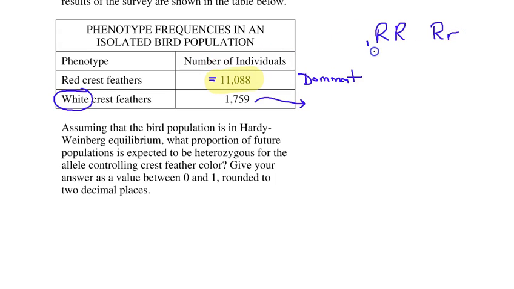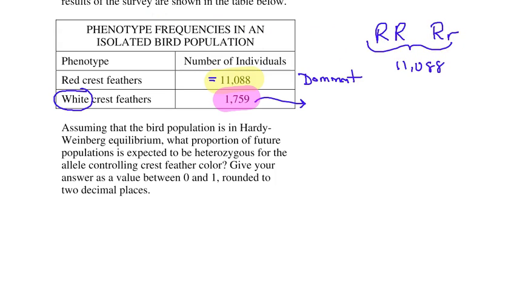So all those individuals there are the 11,088. Now this is really important, that's why the recessive allele is the one you really want to jump at, because unlike the dominant trait, we can have 2 different genotypes for the same phenotype. Remember, the phenotype is called the red crest feathers, but the genotype is what the actual alleles are.